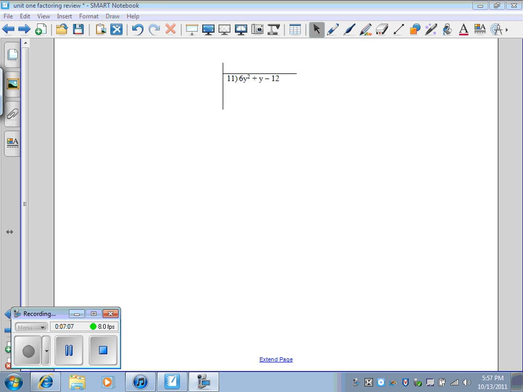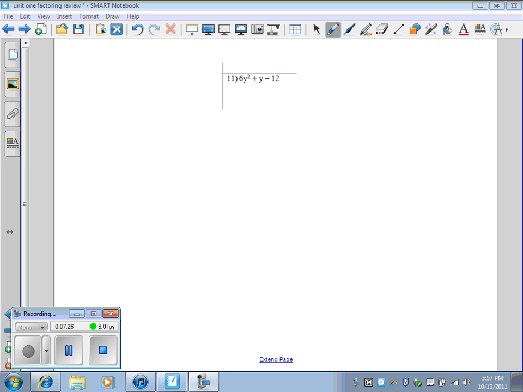Okay, for this one I have a trinomial with a second power, and the first coefficient is not 1, so I can't just do the product-sum method. I'm going to do product-sum and grouping.